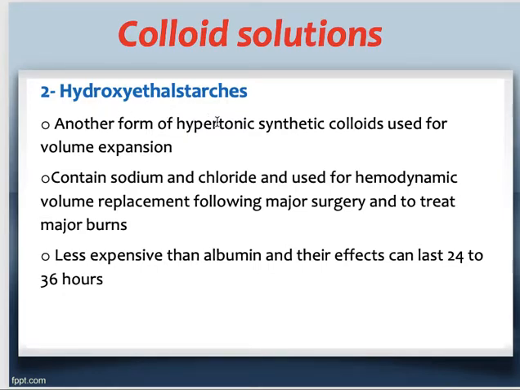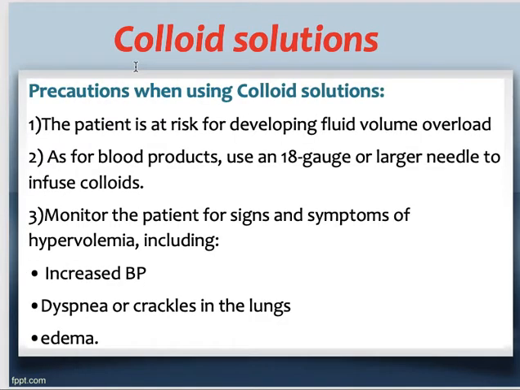This is a synthetic colloid. Albumin is taken from human plasma, whereas this one is a synthetic one. It is less expensive and the effect of the solution is more than that of albumin.